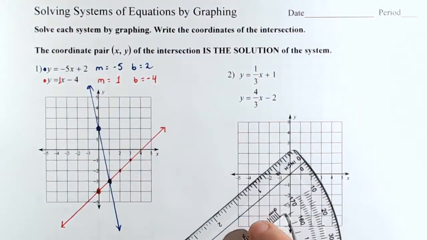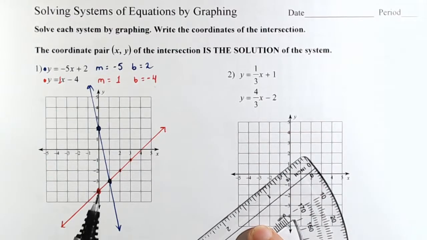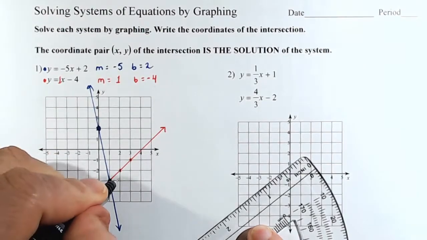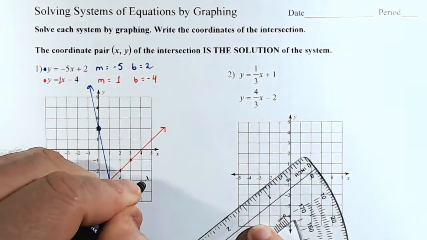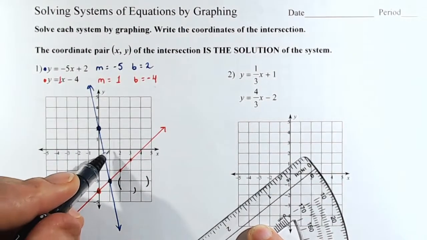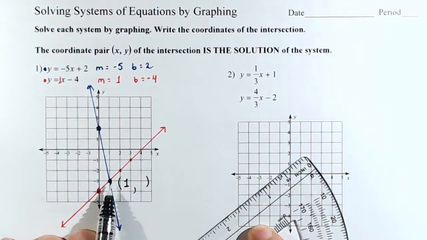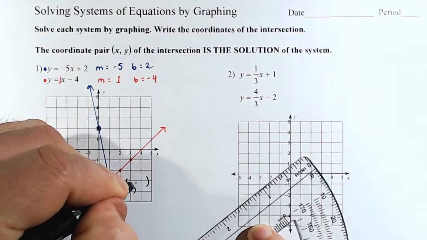So we see where they're crossing. The solution to the system is just the coordinates of where they cross. All right, so what are the coordinates right here? One on the x, -3 on the y.